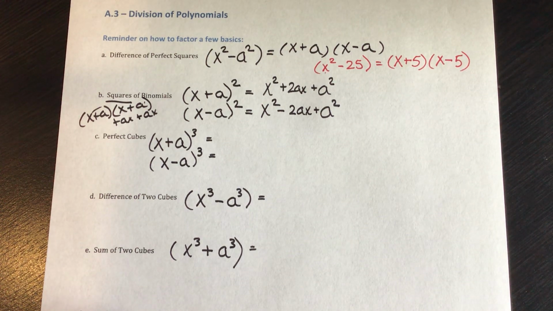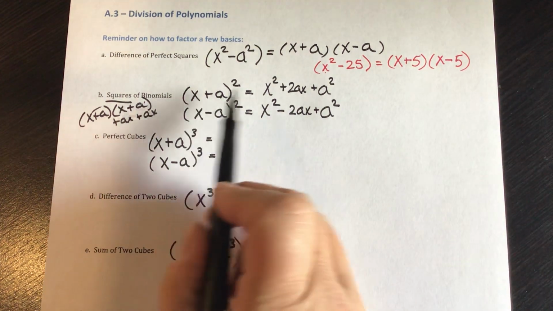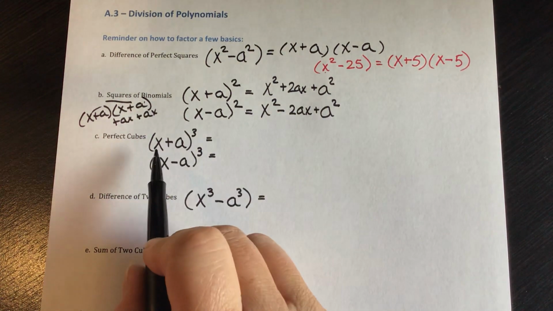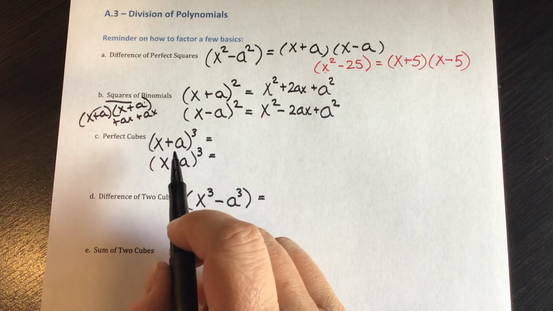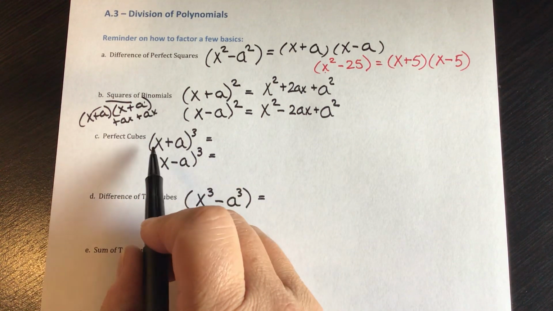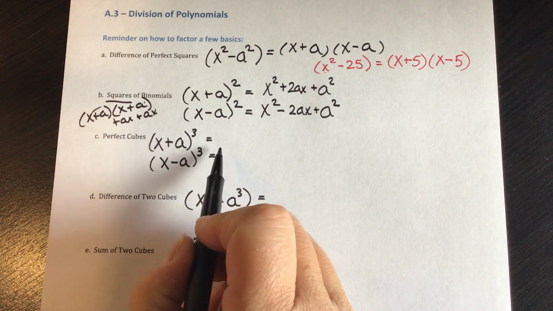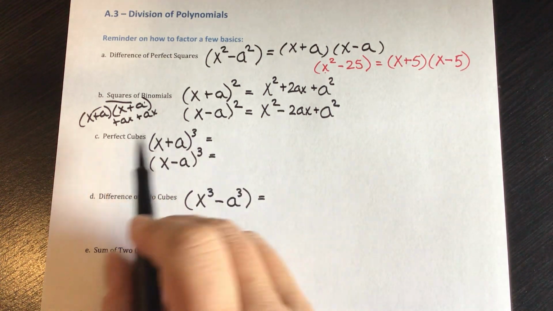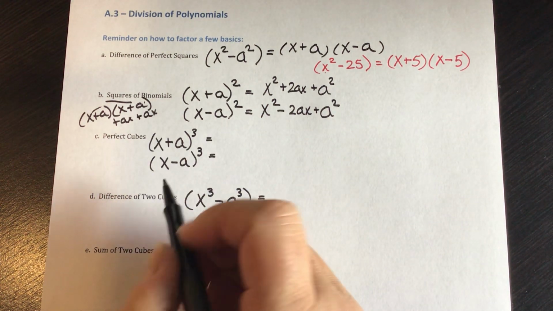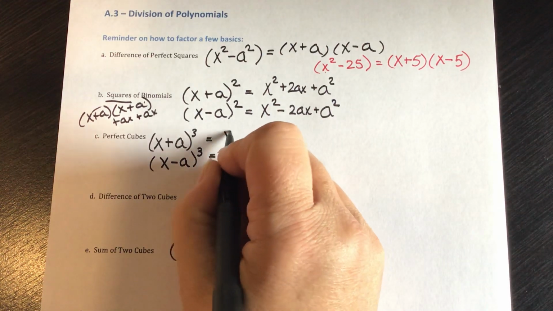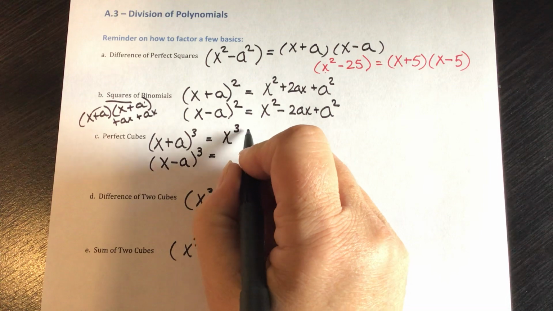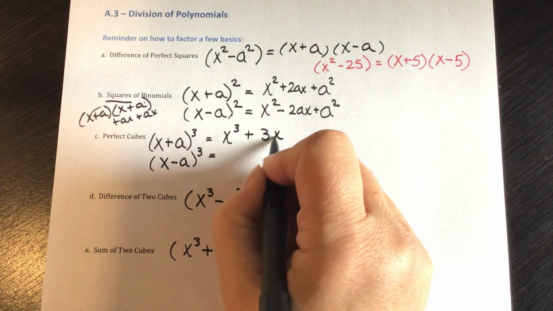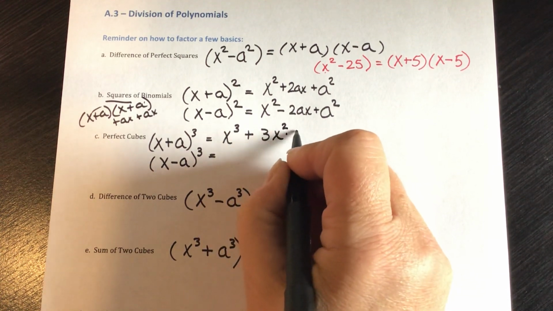So then we have perfect cubes, just like we have perfect squares. And if I were to cube x plus a, that would be saying I want to multiply x plus a times x plus a times x plus a. And it's always going to follow this pattern where I'm going to end up with x to the third power, and then plus 3x squared times whatever a is.